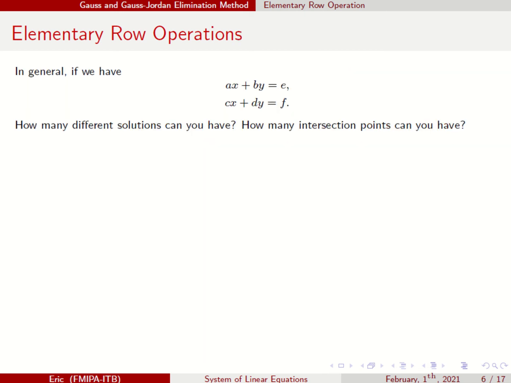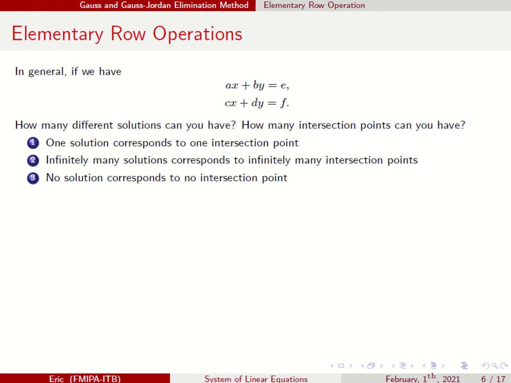So in general, I have ax plus by equals e, cx plus dy equals f. How many different solutions can you have? Or equivalently, how many intersection points can you have geometrically? There can be one solution, corresponding to one intersection point, or infinitely many solutions, corresponding to infinitely many intersection points along the line, or no solution, corresponding to no intersection point.